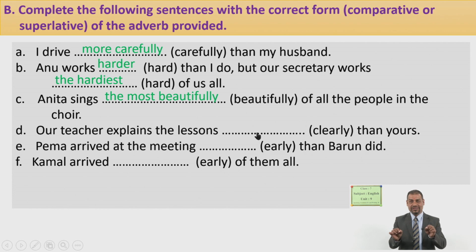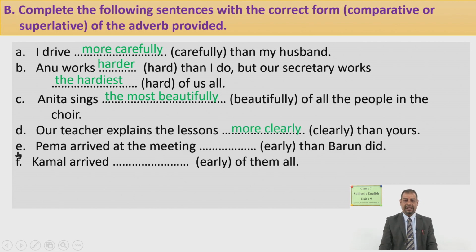First of all, you should find it out. Is it superlative? No. Then what is it? Comparative. Good. But why? Yes. Again, you are right. Here is than. So you have to write down, our teacher explains the lessons more clearly than yours. Okay? More clearly than yours.